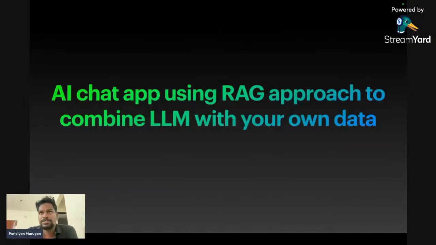Okay, what we are going to see today is a chat application using a RAG pattern to combine both the LLM and our own data. When I say own data, we will index some data, or we already indexed some user-defined data. We could query from that.